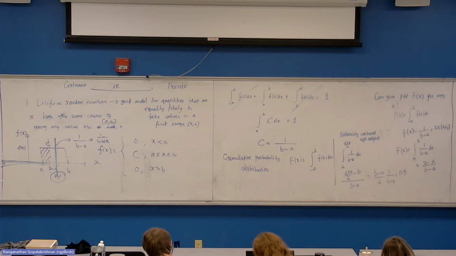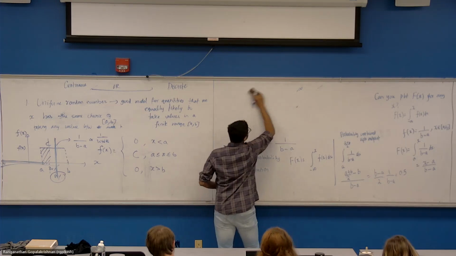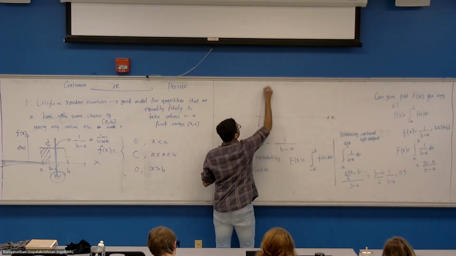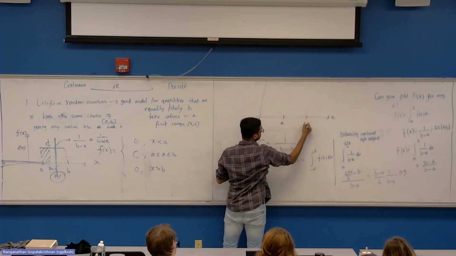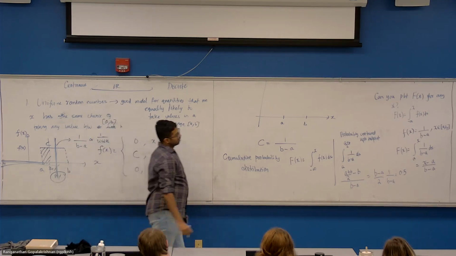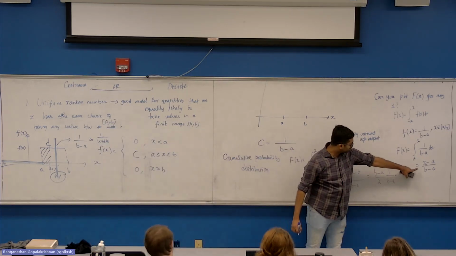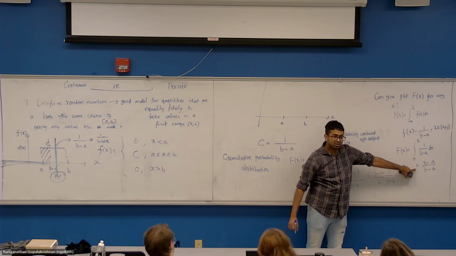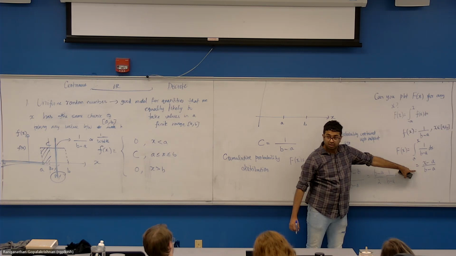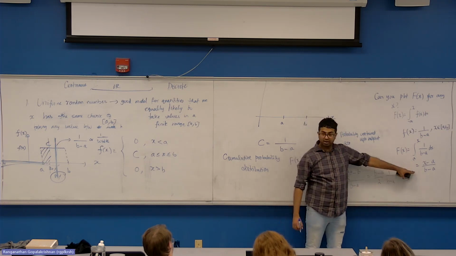Can you plot this on a graph where here is x, and it varies between a and b? First of all, what kind of function is this? Look at the x and y. It's linear, right?